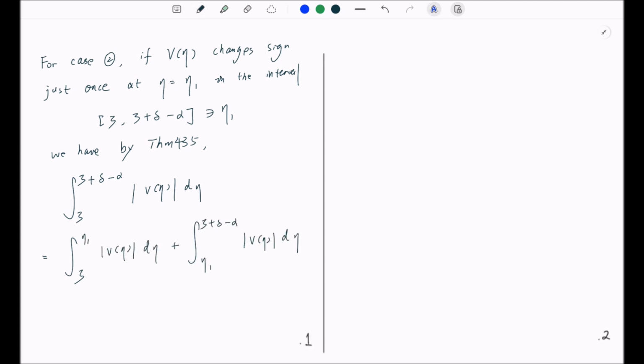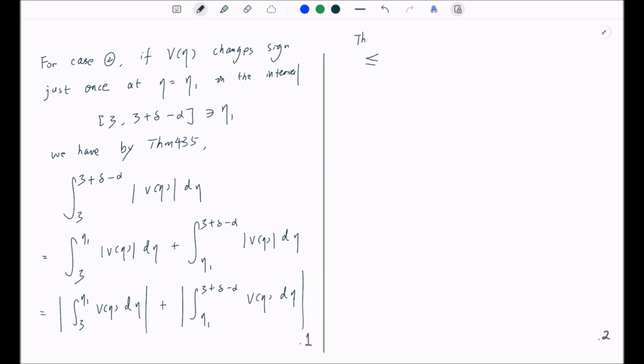And now, because the function only changes sign once at this point, we can drop this absolute value sign here, because on these two intervals, this function is either always negative or always positive. So we can put the absolute value sign outside of the integral. And now we can safely apply theorem 435.